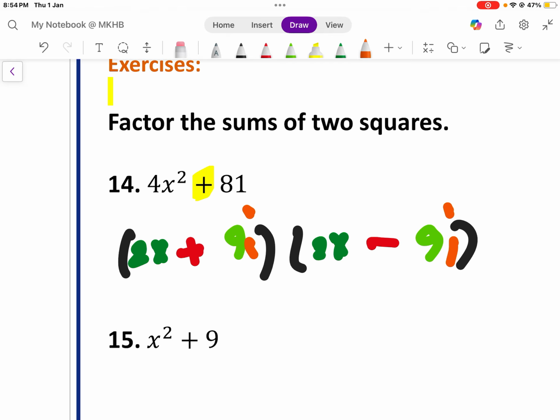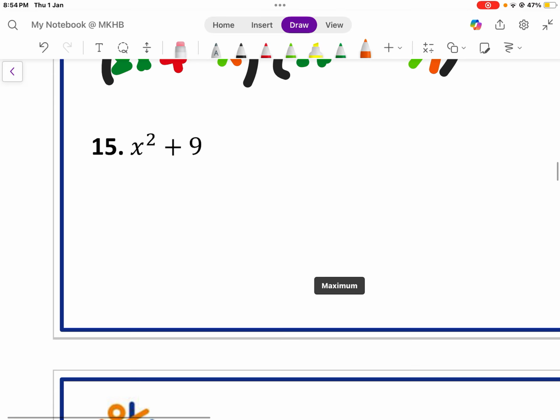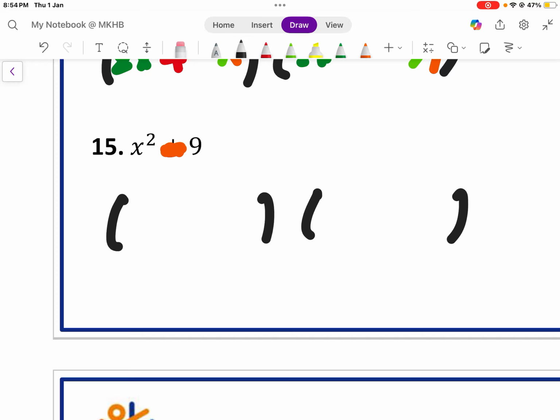Are we good? Yes. This is what? Factor. Okay. Let us apply here. If I have minus here, so I do this and this and this.